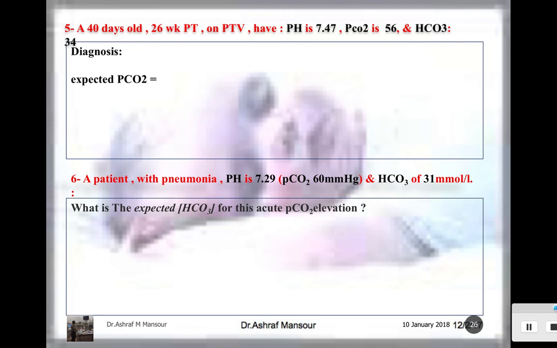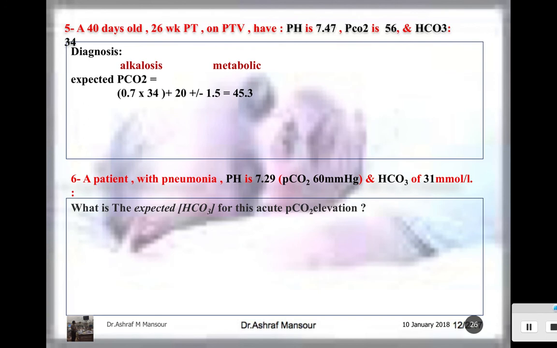So let us calculate for metabolic alkalosis. The expected CO2, this is a chronic case, will be 0.7 multiplied by the bicarb plus 20, plus or minus 1.5. So we expect for compensation that the CO2 will be 45.3. But now the CO2 is 56.